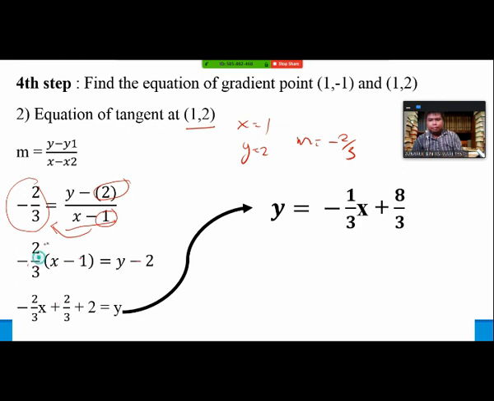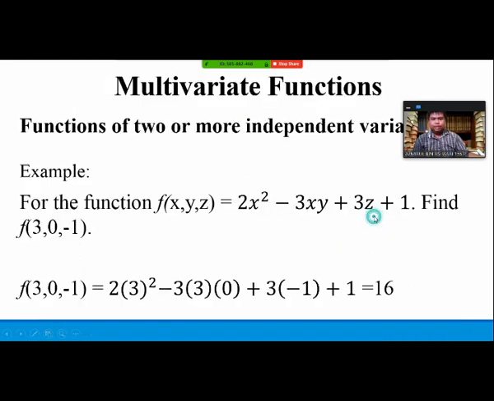And then I multiply inside of this one, which is 2 over 3 multiplied with x, because it is negative, so negative 2 over 3x. And negative negative is positive, so it becomes positive 2 over 3. And then negative 2 moves to the left side, it becomes positive 2. So at the end, you will get negative 1 over 3x plus 8 over 3.